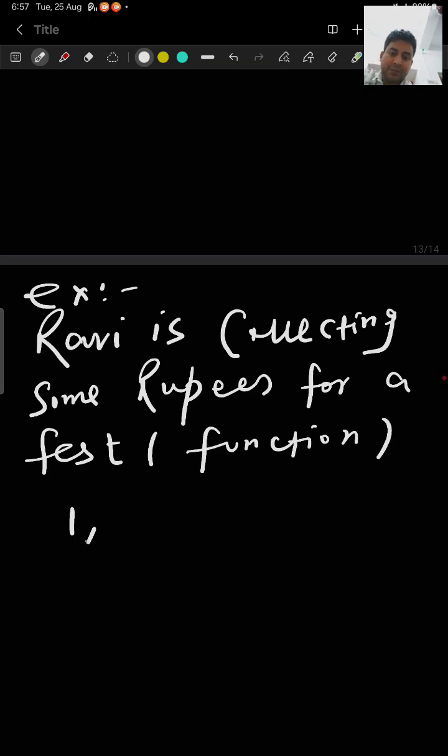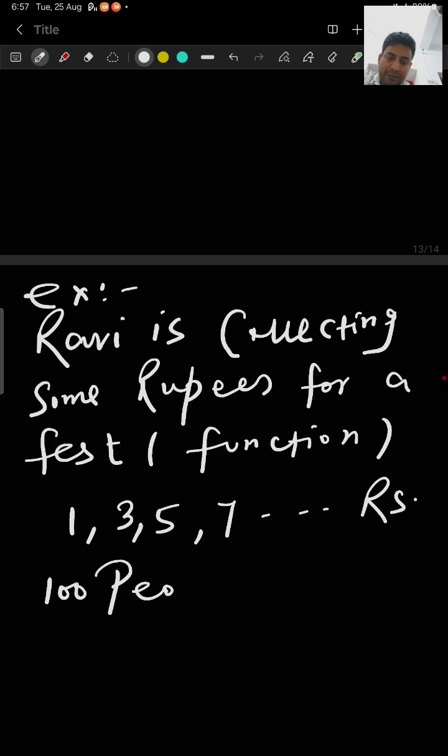The first person is giving 1 rupee, the second person is giving 3 rupees, the third person is giving 5 rupees, then 7 rupees, and so on. If there are 100 people, find how many rupees are collected in total.